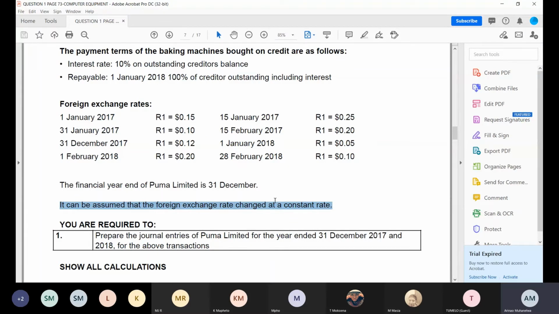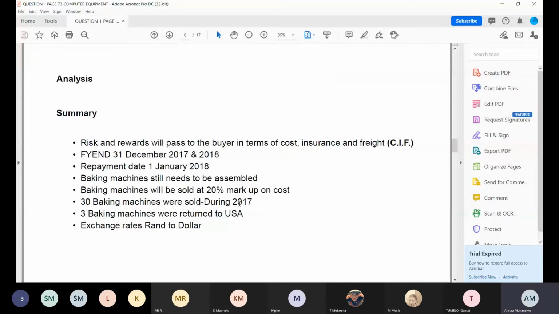So it means that we can use the average rate. And remember, we use the average rate when it comes to income and expenses and other comprehensive income items. All right. So that is the question, and they want us to process the journal.